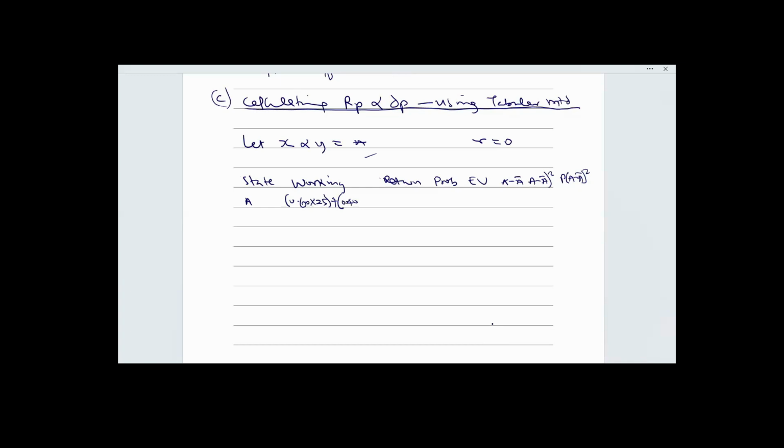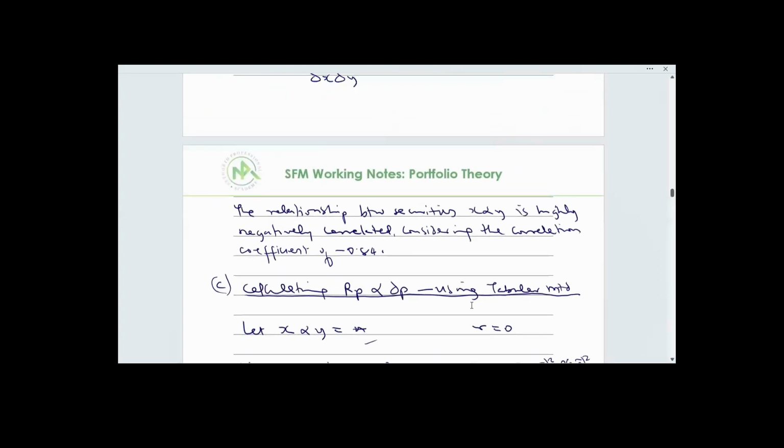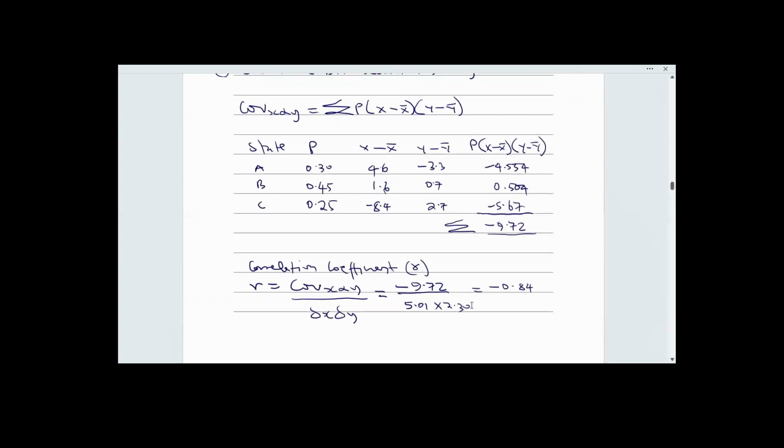If you invest 60% on security X, it means that you are going to invest the remaining balance of 40% on security Y. So what's the return of security Y under state A?